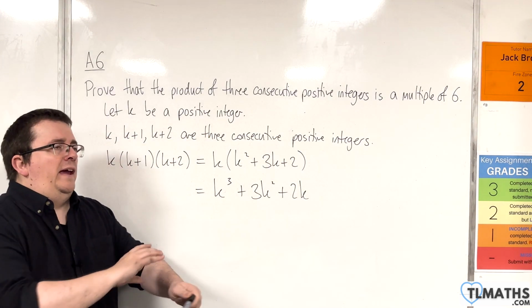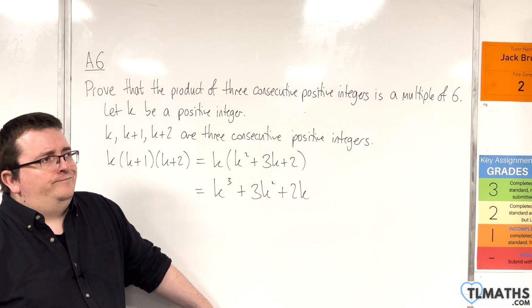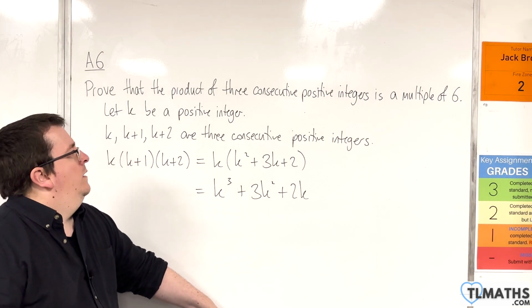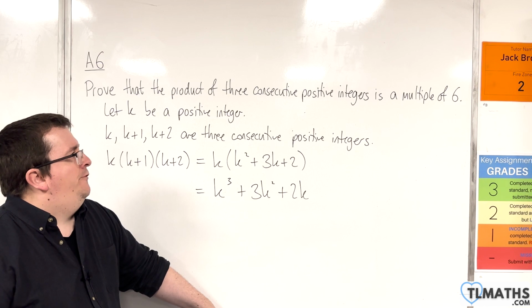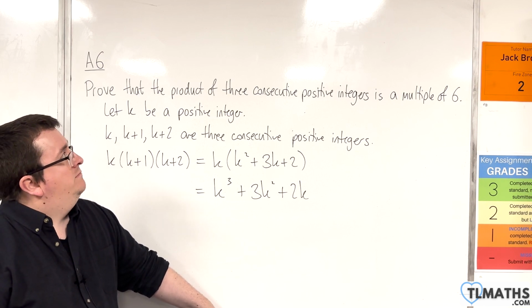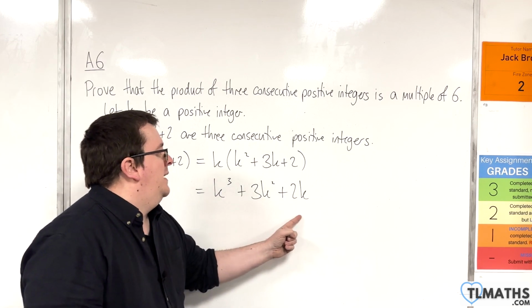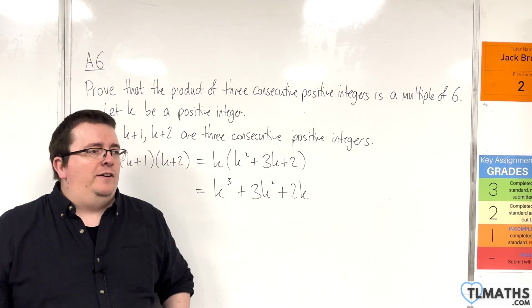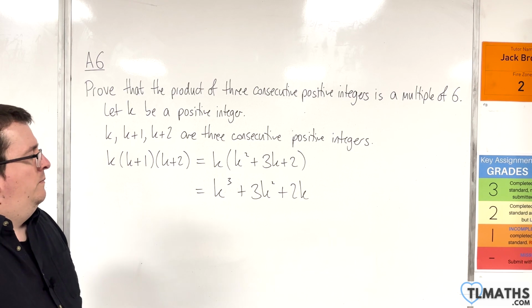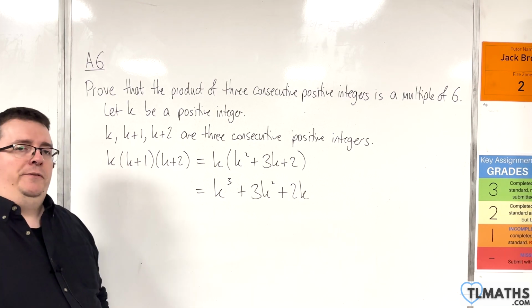Now, when you get to this stage, you look at it and go, well, I can't factor out 6 here. In fact, I can only factor out k, and I've already got that in that previous line. So at this stage, you get a bit stumped.